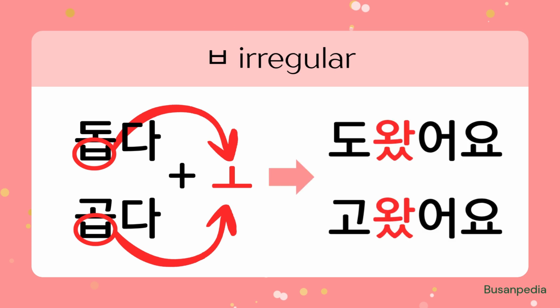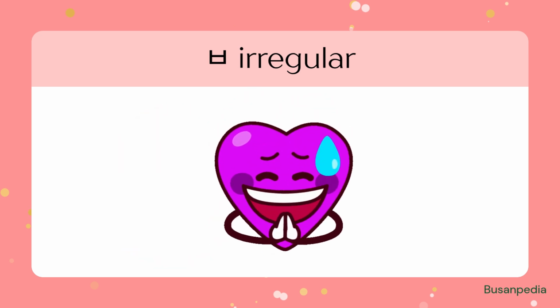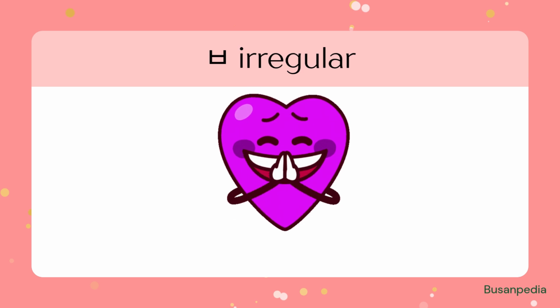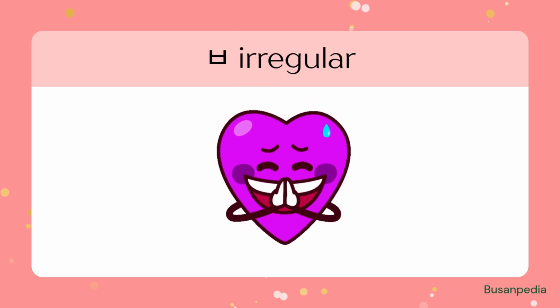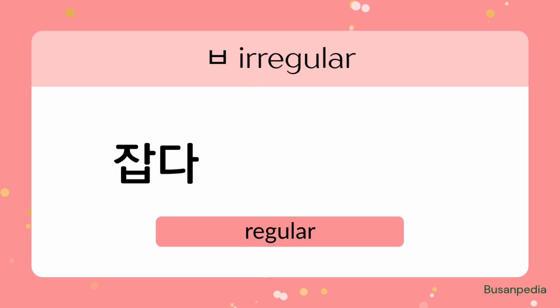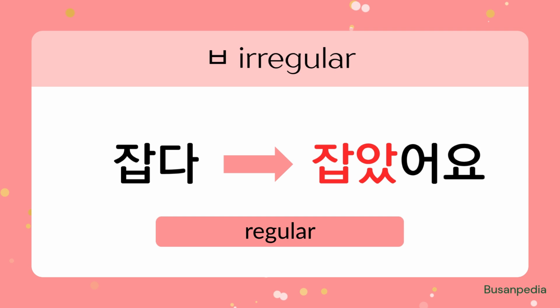So 돕다 becomes 도왔어요 in the past tense. And sorry, but there's one more thing about the ㅂ irregular. Not every verb or adjective ending in ㅂ changes this way. Some stay regular, like 잡다, which simply becomes 잡았어요.